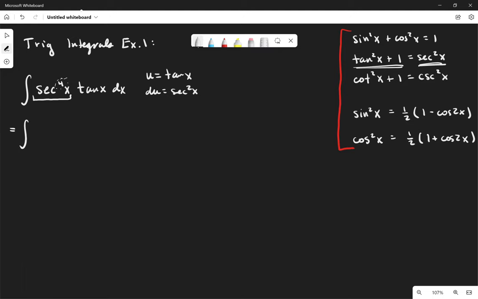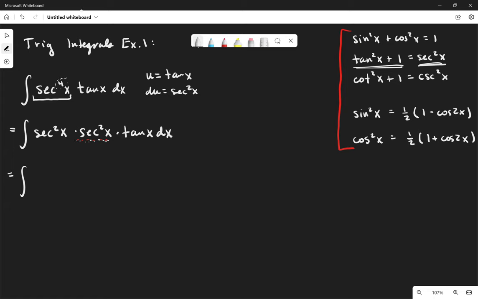So let's actually try it. This is the integral of secant squared x times secant squared x times tangent x. I'm just rewriting that to make it easier for me to see. One of these is going to go away for the u sub. I'm not going through with the u sub just yet. I'm rewriting it to prepare for the u sub.